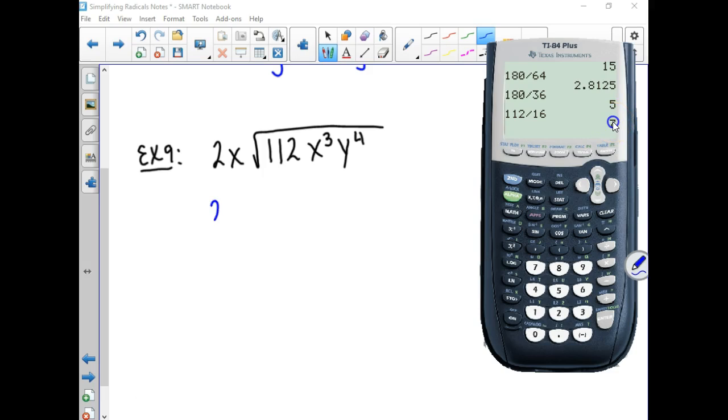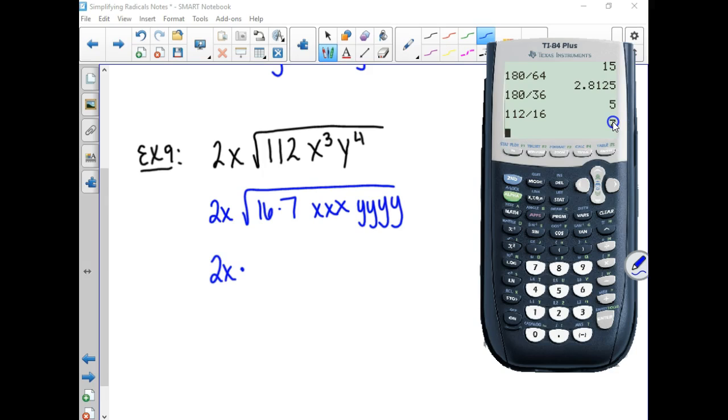So this 2x just stays out front. We don't really mess with it right now. So we have 16 times 7, and then we've got 3 x's, and then 4 y's. So as we do this problem, that 2x is just going to stay out front, and then it will be multiplied by whatever we pull out there with it.